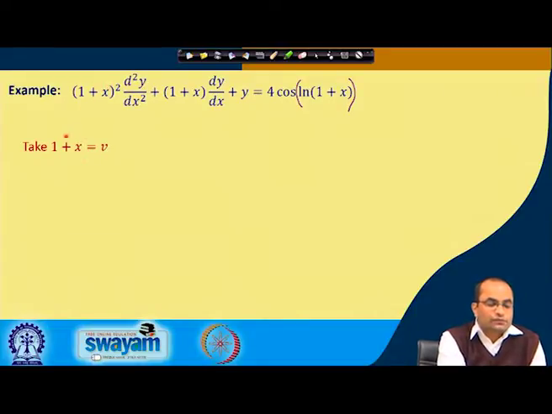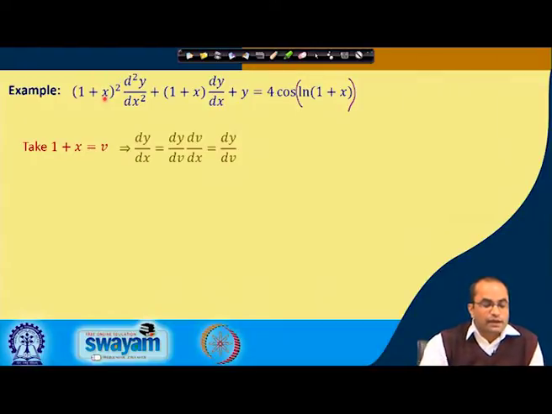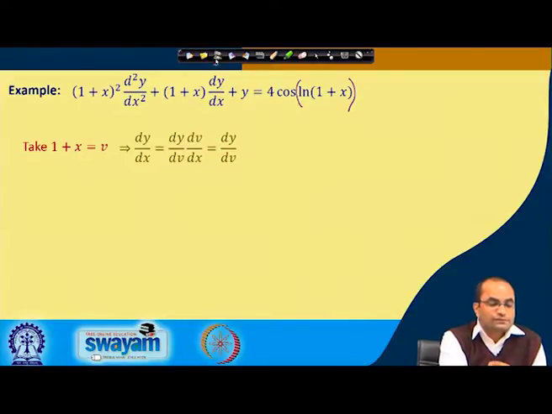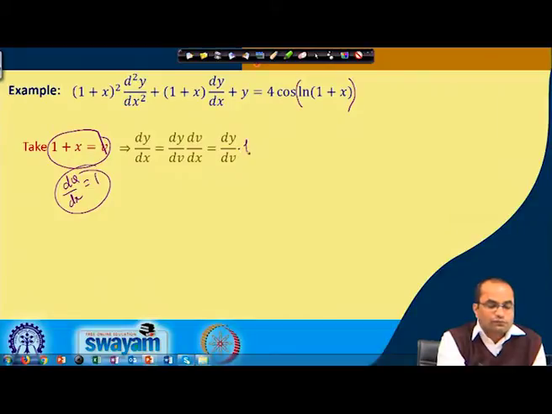So, we take 1 plus x equal to v, this substitution we have made, and that converts dy over dx into dy over dv times dv over dx. When we compute dv over dx, that is just 1. So, that is where the 1 is coming from.